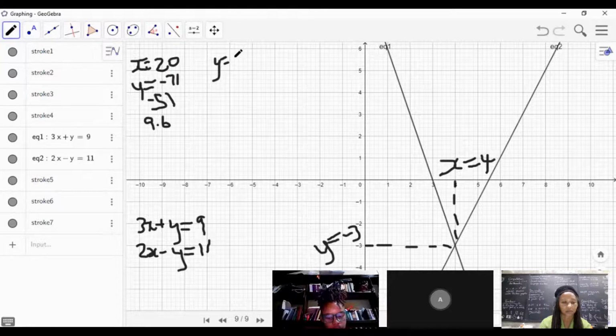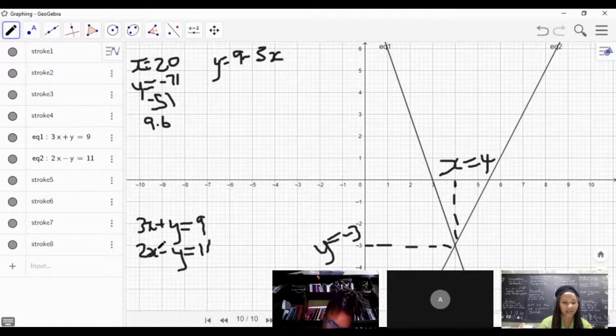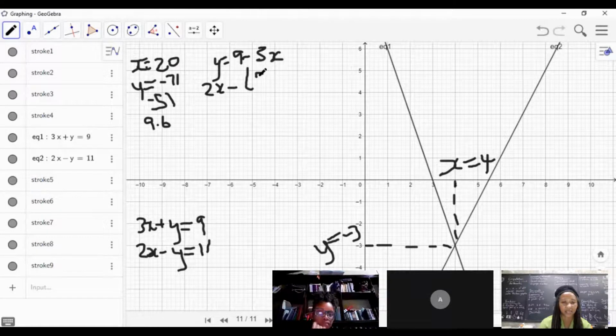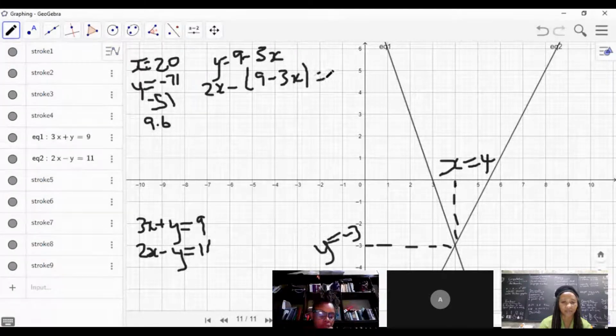I had y equal 9 minus 3x. All right, so you had y equal 9 minus 3x. And then you plug that in here, right? Sorry, here. Because you'd have 2x minus (9 minus 3x) equal 11.